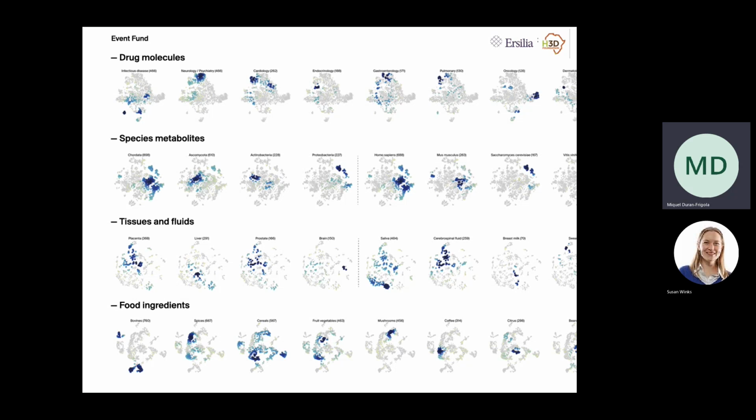Which is great if you think about it, because when you come with a new compound, and it falls here, you have good reasons to think that this compound will be useful in psychiatry, for instance. If it falls here, you have good reasons to think that it might be a good anti-infective compound, etc. This applies not only to drug molecules, but also to metabolites of different species, to metabolites inside our bodies, in different fluids, or even to food ingredients.